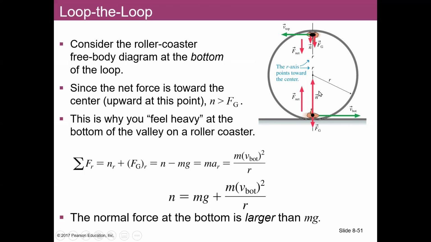Well, there's obviously gravity pulling down, F sub g, and you see that's a very little thing. But since we're moving in a circle, even at the bottom where it feels like we're on a flat surface, starting to go up the circle, we are moving in a circle, and so we have to have an upward acceleration, which means we have to have an upward net force by Newton's second law. And so to resolve that, we need to have a much larger normal force than the gravitational force.